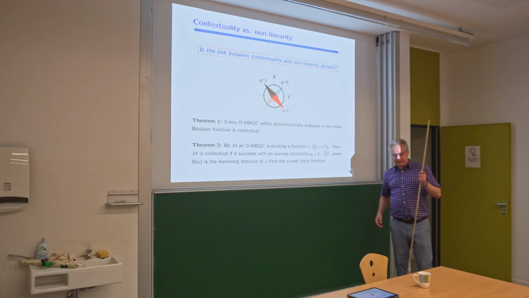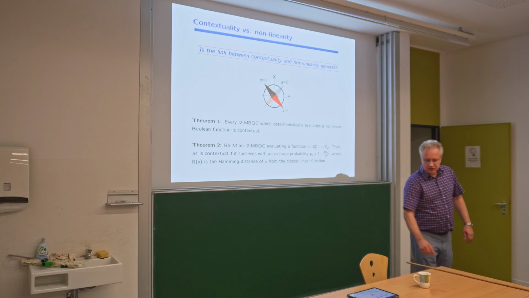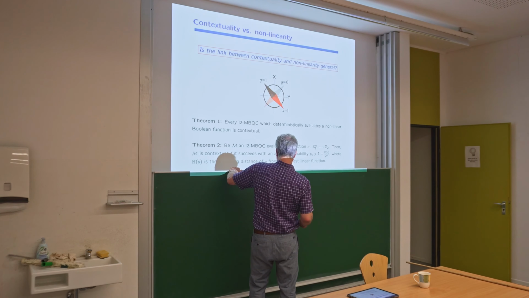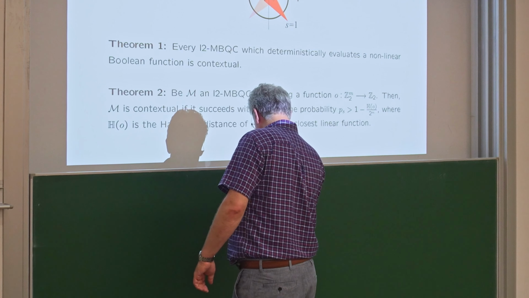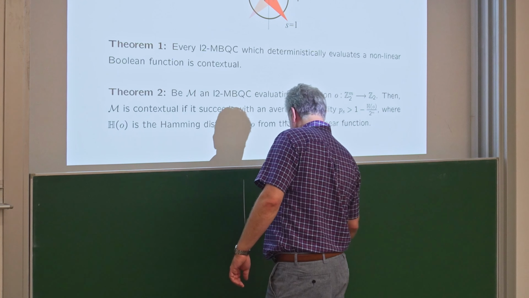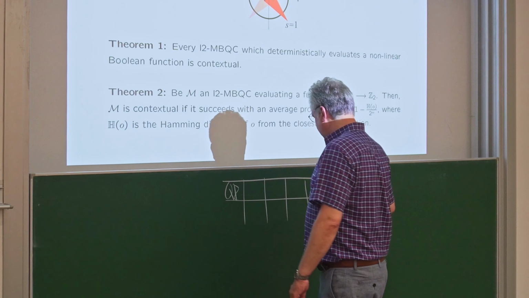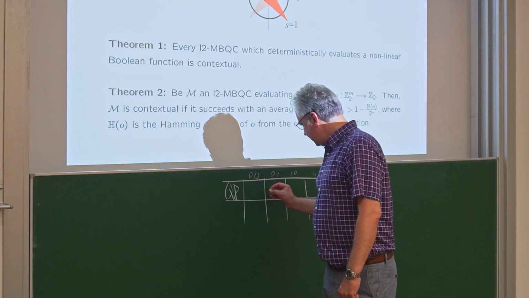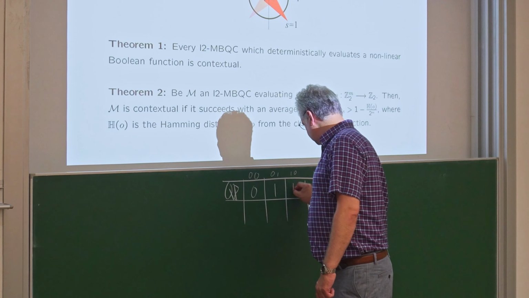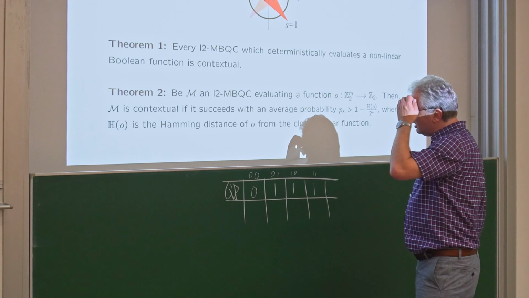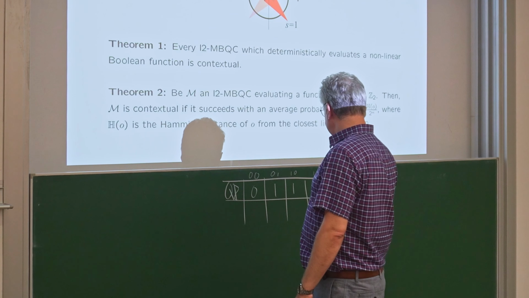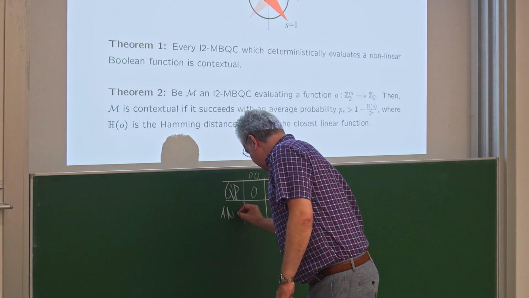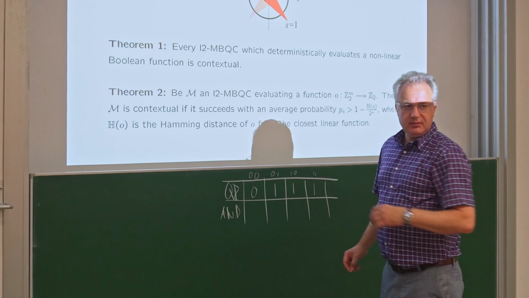Let's quickly illustrate what the Hamming distance is for the OR gate on the board. We have a table here. This is the OR. We have 4 possible inputs, and the OR evaluates to 0, 1, 1, 1. Now we have some other function, say AND, just as an example.